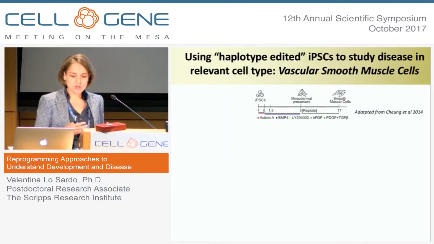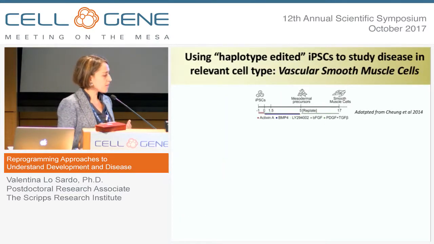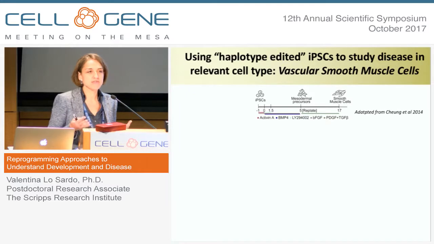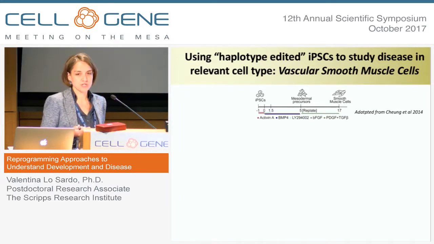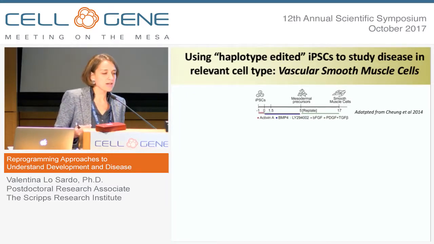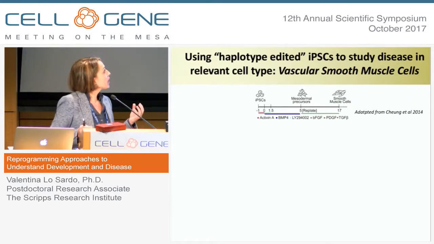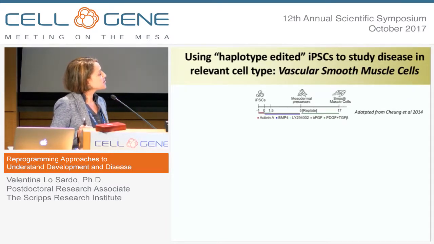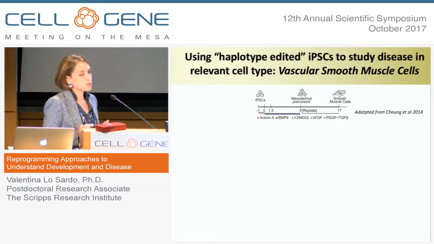Using iPSC is great because we can differentiate them into any sort of tissue, any kind of cell type. And we are talking about cardiovascular disease, so we want to study cells that are relevant for the vasculature. We focused on vascular smooth muscle cells.